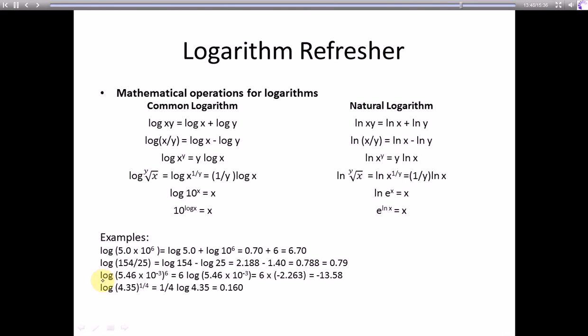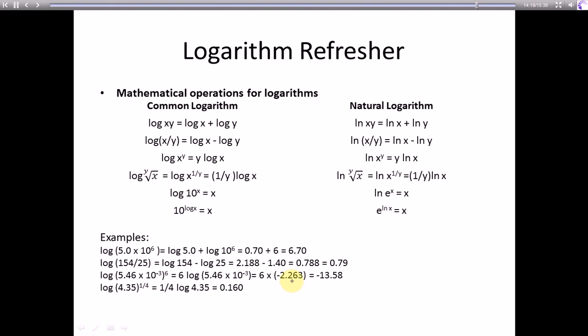The next one, I have log of this number, 5.46 times 10 to the negative 3rd, raised to the 6th power. I chose to use this rule here and bring my y out to the front. So my y in this case is 6, so I brought 6 out to the front, so now I have 6 times log of 5.46 times 10 to the negative 3rd, and that equals 6 times negative 2.263.